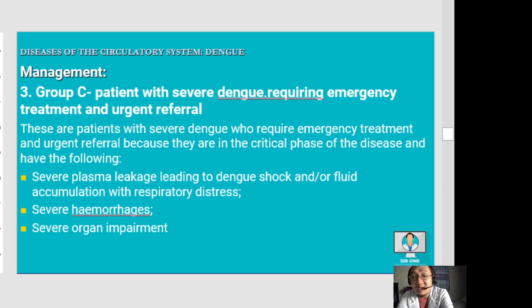The patient has severe hemorrhage, severe bleeding, and organs are already affected. Example, the liver can be affected. There is hepatic damage. There is kidney impairment. There is cardiomyopathy. There is encephalitis for the brain. And usually patients in Group C shall be immediately referred and admitted to the hospital within 24 hours. Okay, again, time is of the essence.